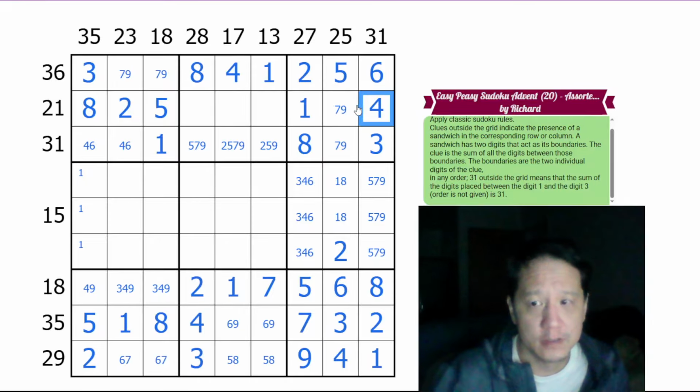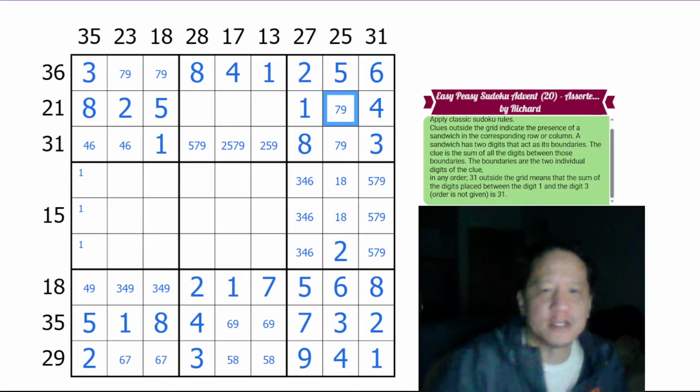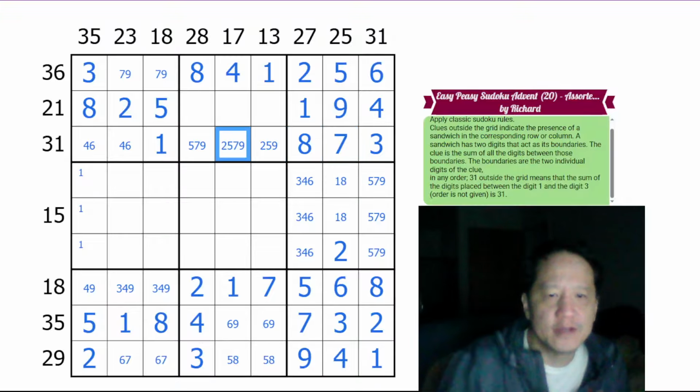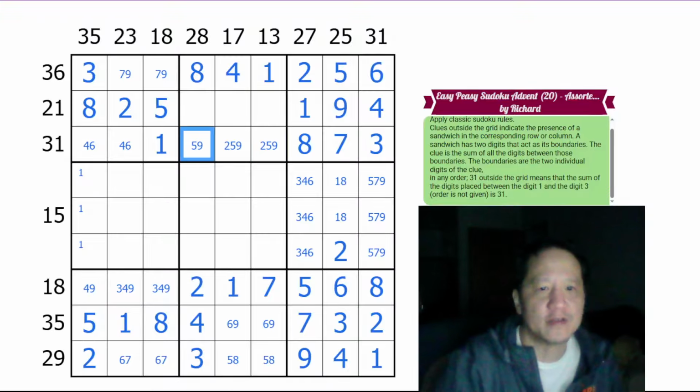Yes. 21 plus 2 and 1 is 24, so 45 minus 24 is 21. Interesting. So then we have 4, 8, and 9 adding outside, adding up to 21 also. So that forces this to be 7. We cannot have 7 in the rest of the row. So this is 2, 5, 9.